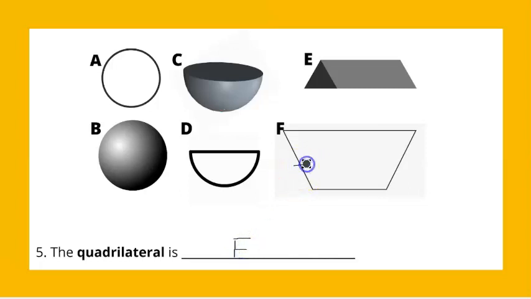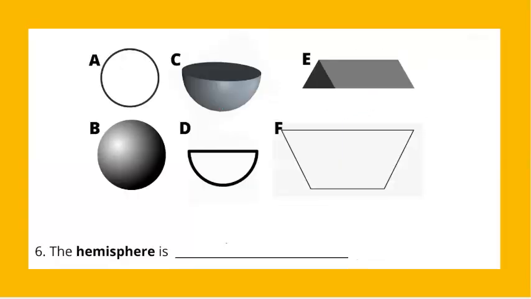It has 4 sides, 1, 2, 3, 4 sides. And the hemisphere is dash. What's the hemisphere? Half of a sphere is called a hemisphere. So C is the hemisphere.